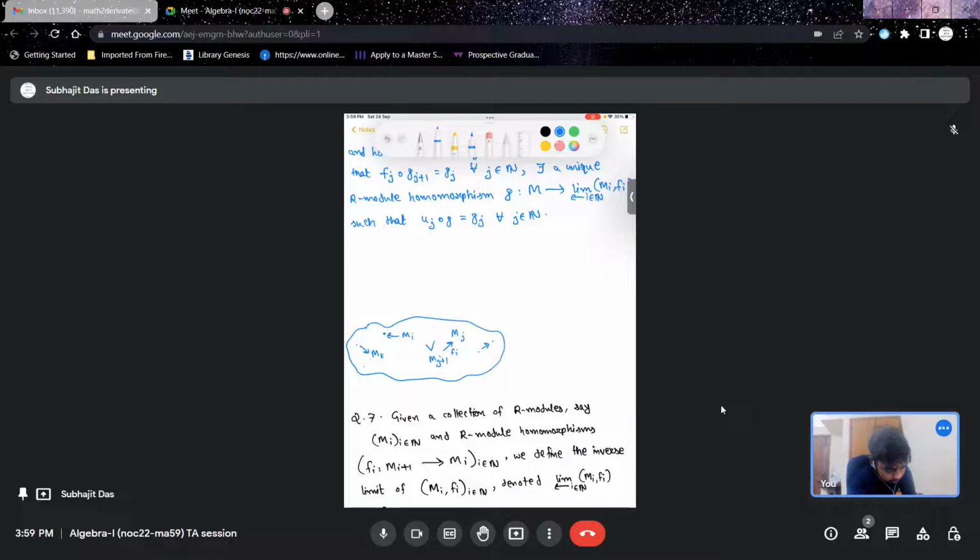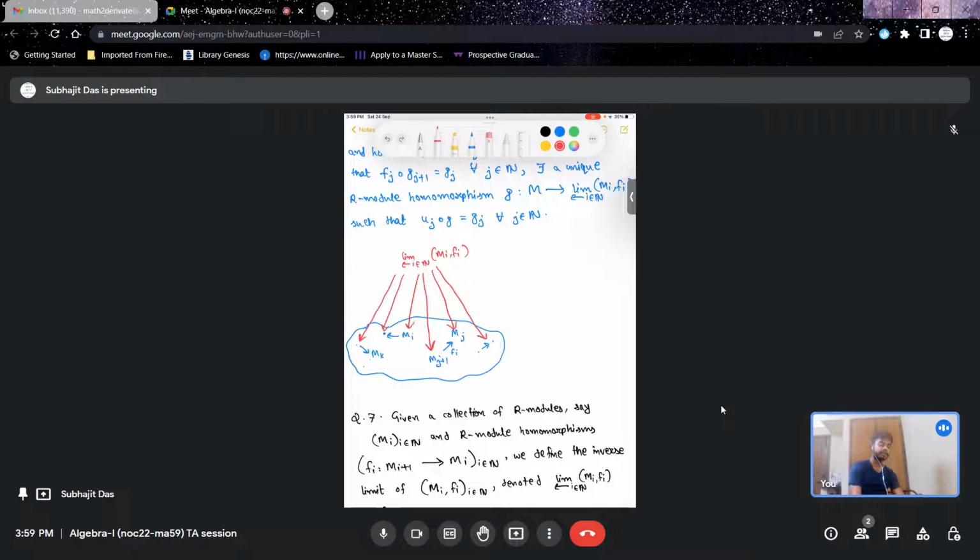So the limit over i in N of (Mi, fi) is an object together with arrows to each of these, such that all these small triangles will commute.